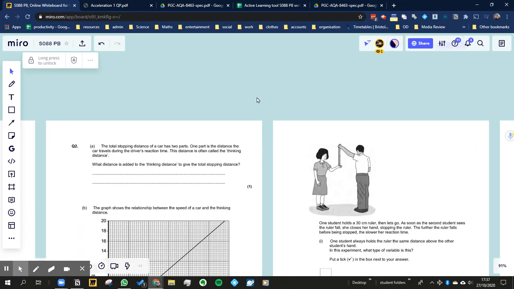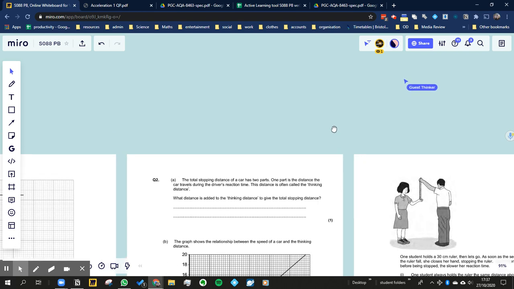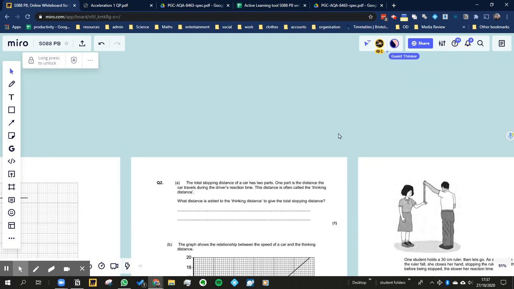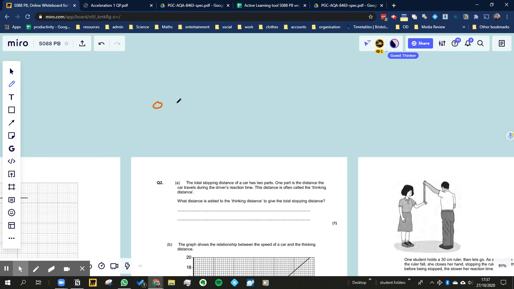Okay, so stopping distance. It's not too hard a topic to get a basic understanding of. Essentially, if you've got a car, or anything really, traveling along at whatever speed, and there's some hazard in the way that they need to avoid, let's say he's just seen it and needs to come to a stop.